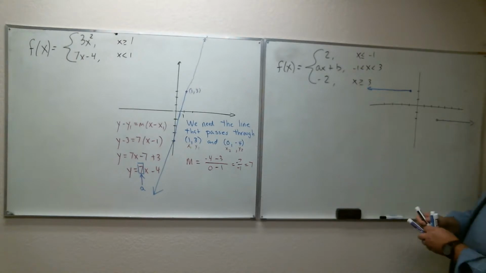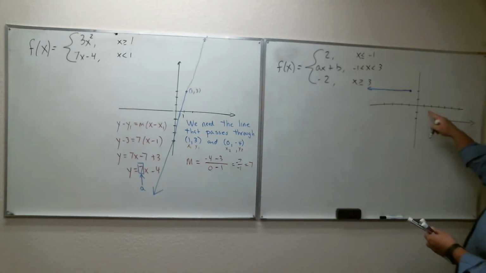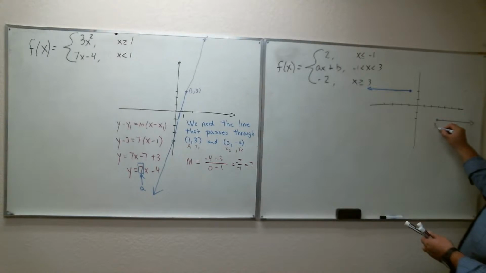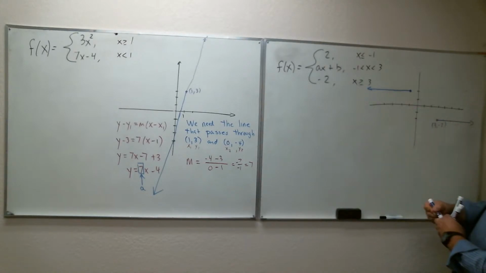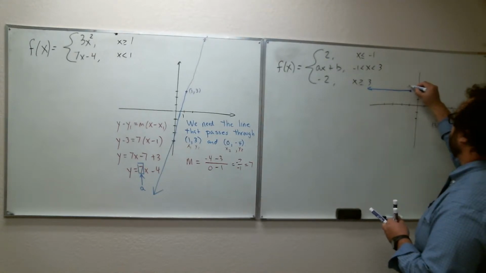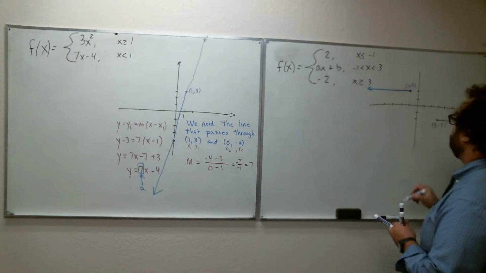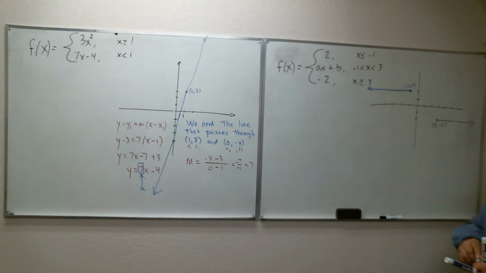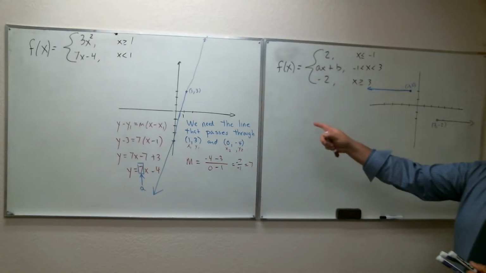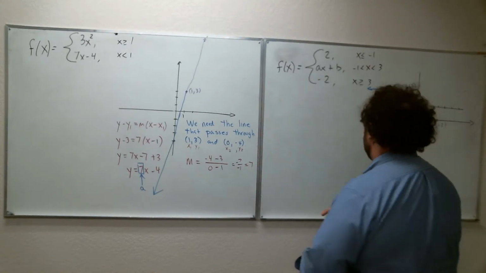Well, just like last time, what are the coordinates? Well, that's 3, -2. And this one is -1, 2. And so we need the line that connects those 2 points. So just like before, we'll do the exact same process.